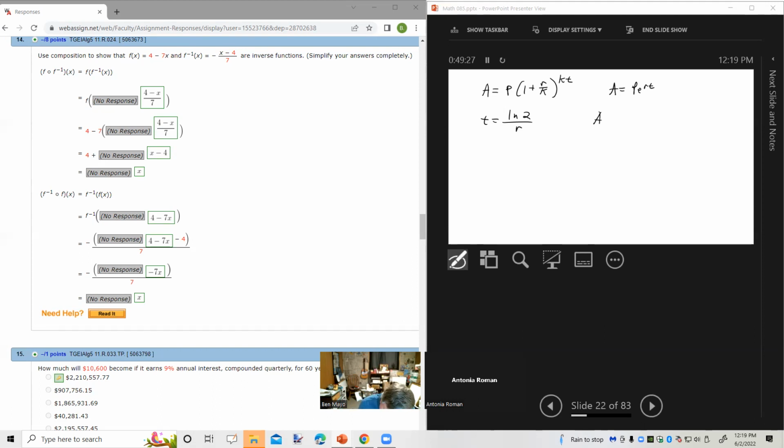And then we have the half-life formula. A sub 0 times 2 to the negative t over h power. Oh, yes, we also have the change of base formula. Log base b of, I forget what they use, but I'll just use x. So that's log base a of x over log base a of b.